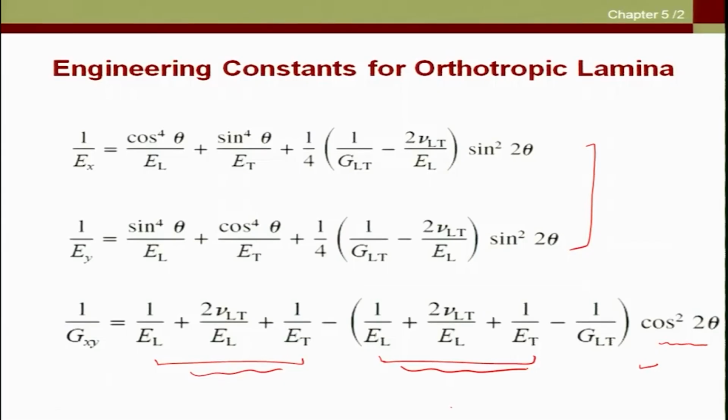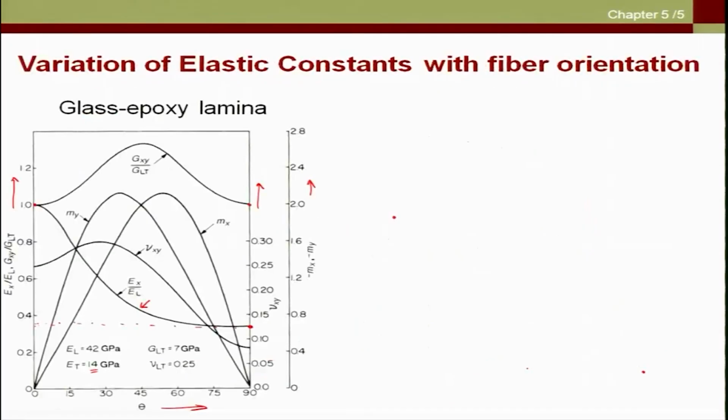And the same thing is true for theta equals 90 degrees. The other thing to note is that the curve for Gxy is symmetric around theta equals 45 degrees. And why is that? The reason is again attributable to the mathematical relation which we see here.